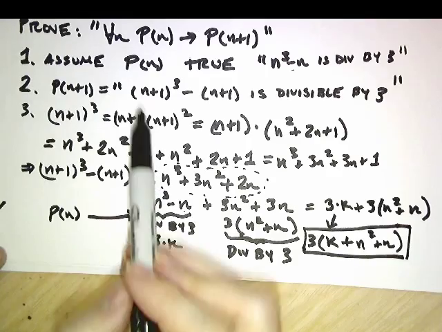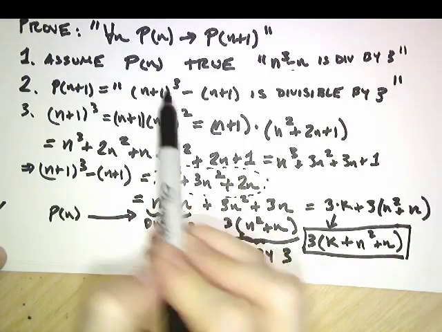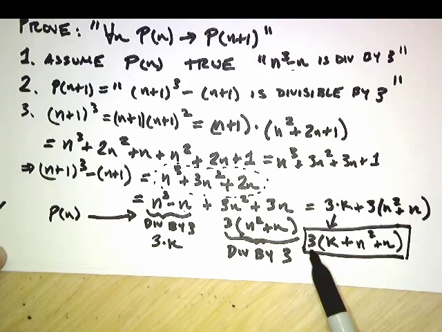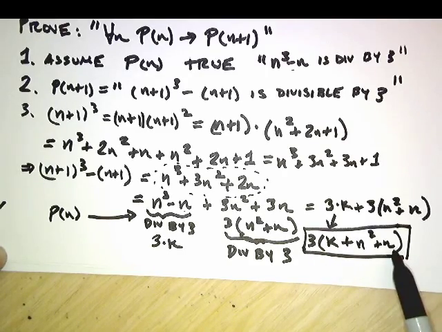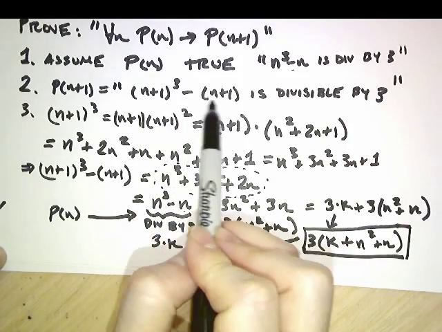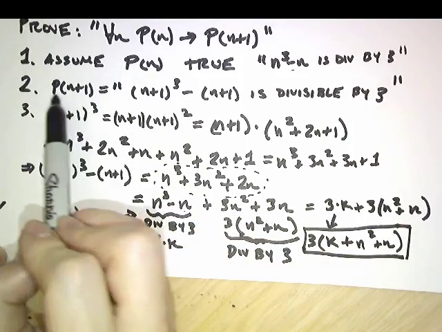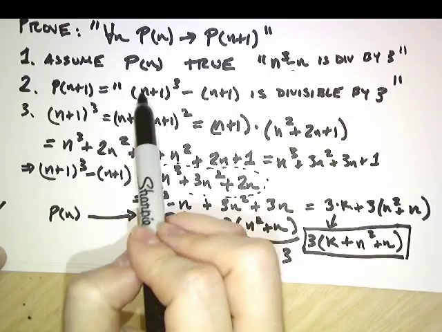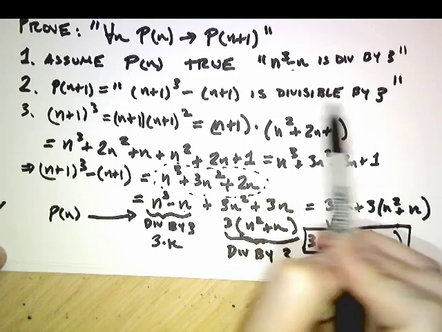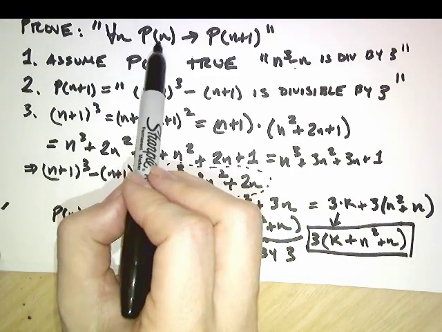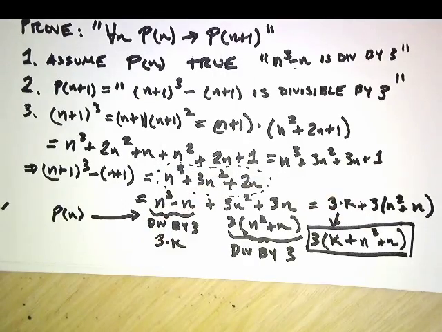So what we've shown, we started from n plus 1 cubed minus n plus 1, and we showed that it's actually equal to 3 times some integer. So therefore 3 divides n plus 1 cubed minus n plus 1. But that's exactly what we wanted to prove for P of n plus 1. We wanted to prove that n plus 1 cubed minus n plus 1 is divisible by 3. That's what we did. So we showed that P of n implies P of n plus 1.